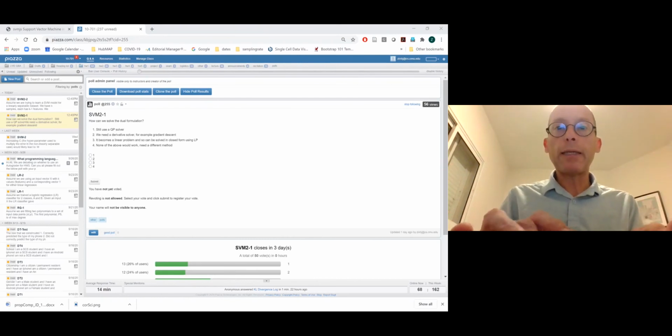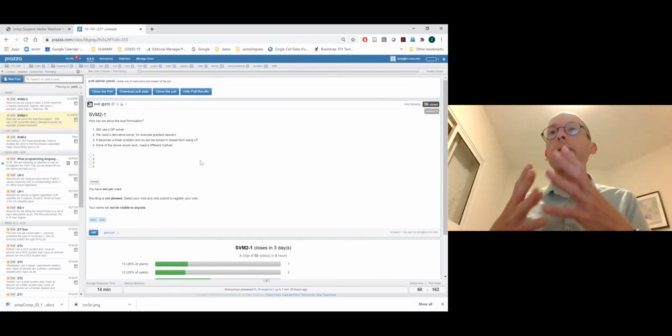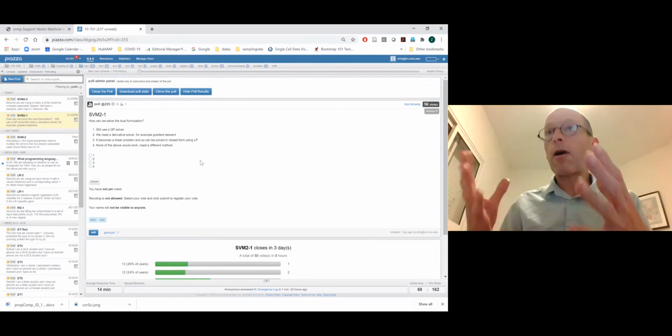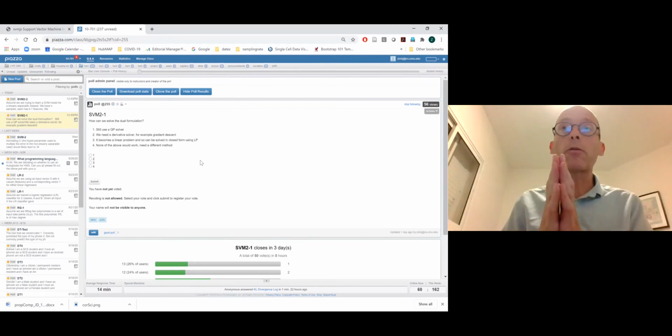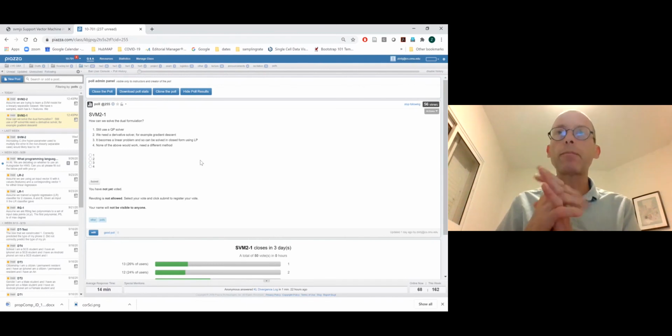Okay, so this is the answer to the first problem. So even though we mainly discuss QP in the context of the primal support vector machine, it also works for the dual. There are other ways, lots of different ways to solve it, but QP is probably the best idea.